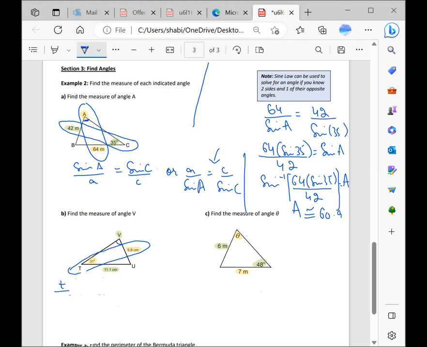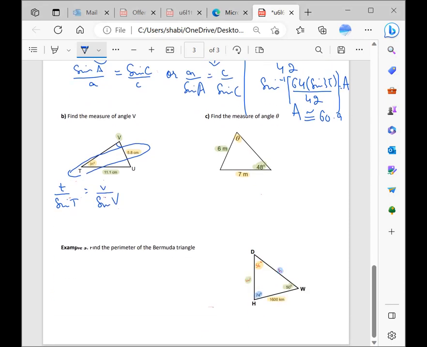So small t over sine T equals, because I have to find V, smaller v over sine capital V. Now, smaller t is 5.8 and the angle at T is 31, whereas smaller v is 11.1 and the angle of V is not given, so I'm going to write it as it is.